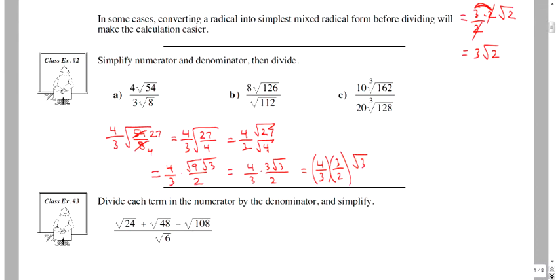I didn't do anything there except visually rearrange them. Now, like I said, some of you are going to go 4 times 3 is 12, and on the bottom, 3 times 2 is 6, right? Times root 3. And how many times does 6 go into 12?